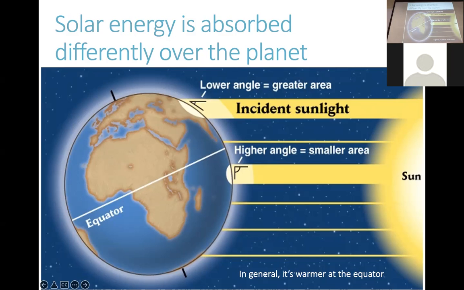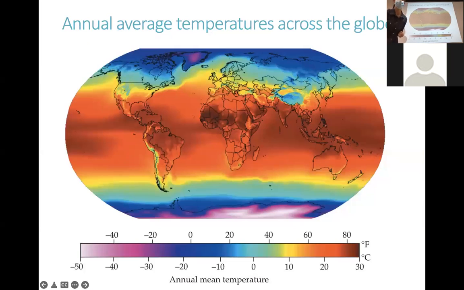It all comes down to geometry. You spread out the sunlight a lot better around the curve of the Earth when it's tilted away from the sun versus near the equator, it's just hitting kind of straight on. So the equator gets a lot more energy than we do. And that is reflected in this average.